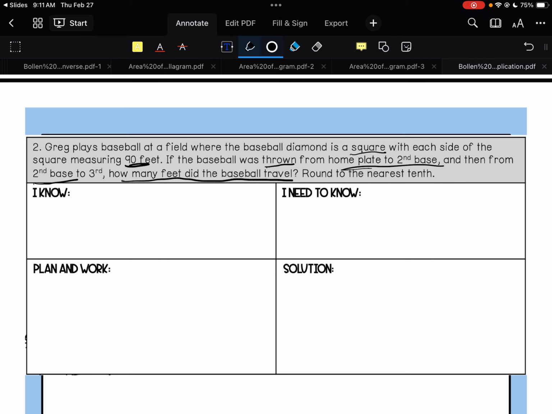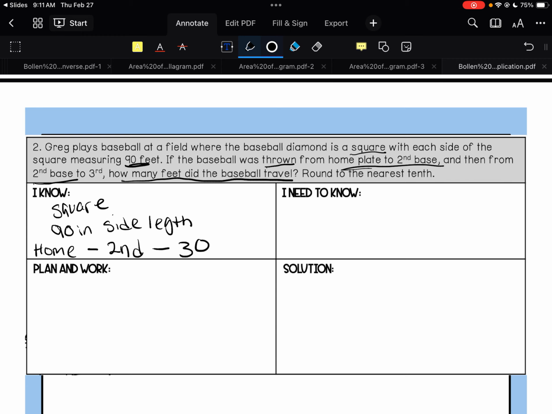So we know that Greg plays on a square baseball field. It has 90-foot side lengths, and it goes from home to second, and then from second to third.